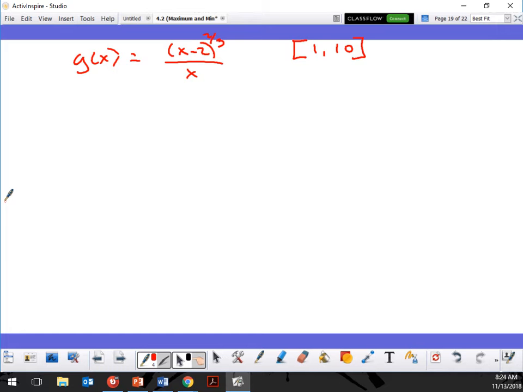Isn't this going to be a radical to the 2/3 power? Yeah. That is going to be a radical, right? So this is what it actually says: the cube root of x minus 2, squared, right here. That's what it actually means, the fractional exponent. We don't care. That's just the top, right? Now, there's a slight issue with this. If it is an even number root, this is the third root, right?